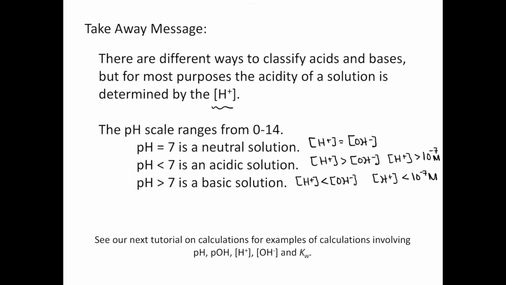So hopefully that helped to give you a general idea of acids and bases and the pH scale. Check out a subsequent tutorial that will go through some examples of how to calculate the pH or hydrogen ion concentration of a solution using our ion product constant of water, Kw.